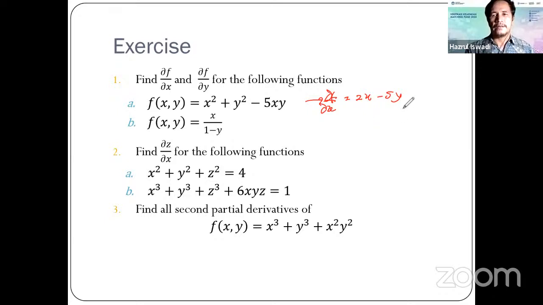And ∂f/∂y, on the other hand, we take the derivative of y, and this is minus 5x. And also for 1b, find ∂f/∂x and ∂f/∂y.